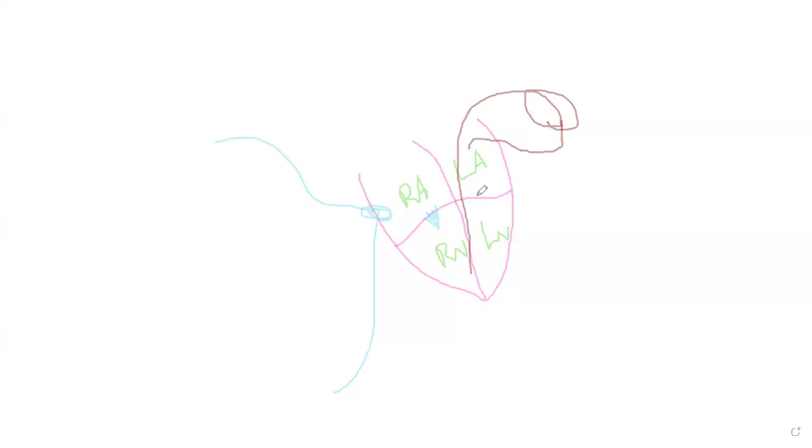From the left atrium, it enters the left ventricle through the valve known as the bicuspid valve. From the left ventricle, there is the aorta. Through this, it spreads all over the parts of the body. So that is the physiology of how the heart pumps the circulation of blood.